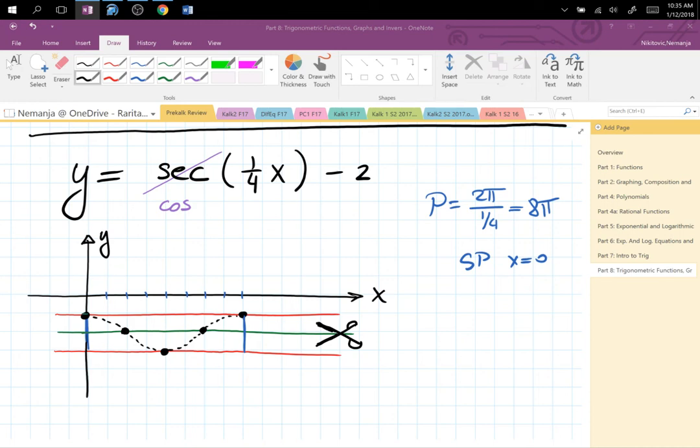Now, as you are flipping out these things, the vertical asymptotes will show everywhere where cosine hits through the middle line, through the green line.